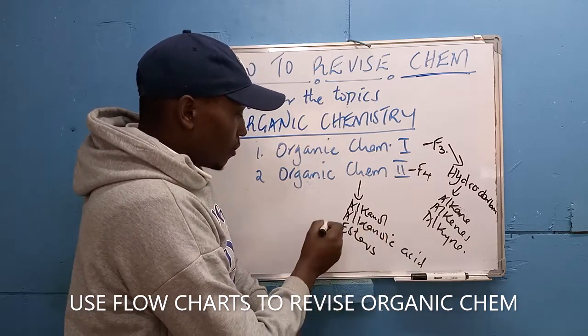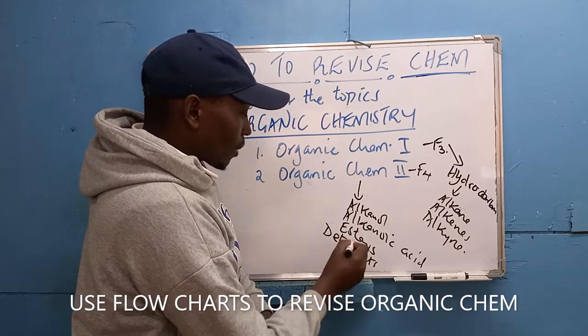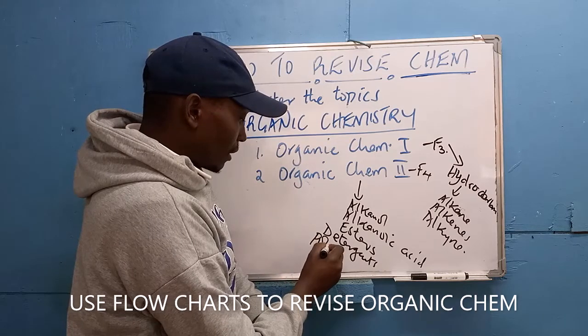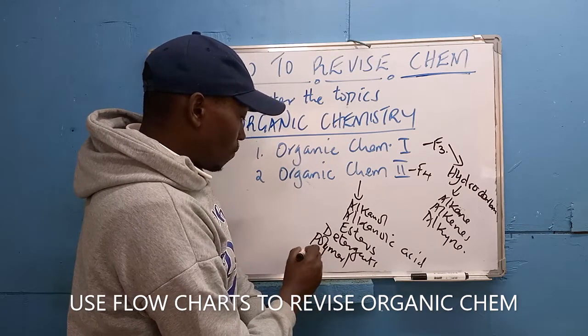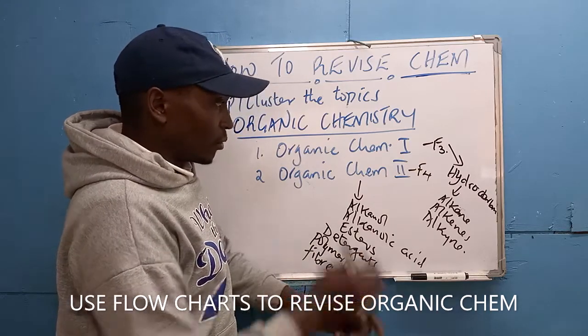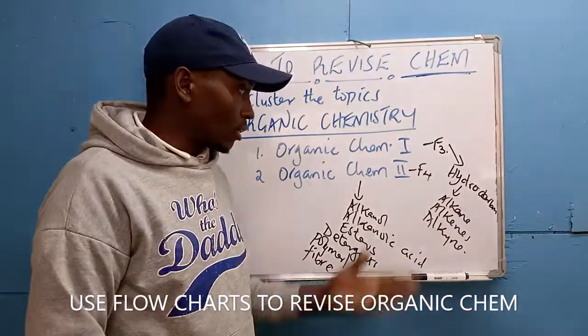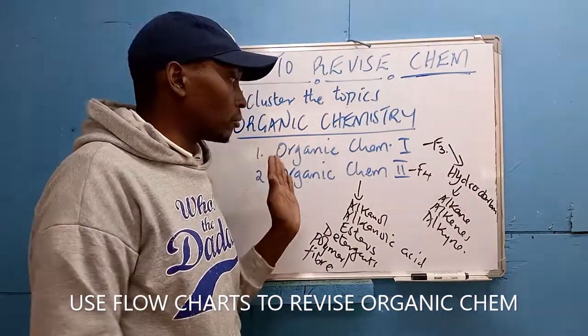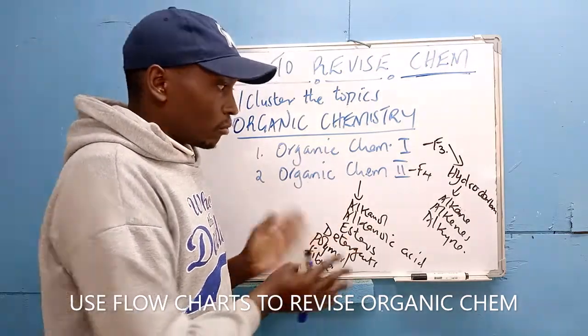Then the student can go ahead to cover the detergents, and then the polymers and fibers. If a student can do this, it is maybe a 1 hour revision for a Form 4 student who has covered organic chemistry 1 and 2. So these are good categories. Again, the student can cover them at a go together.